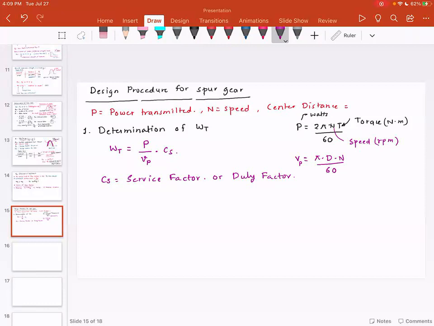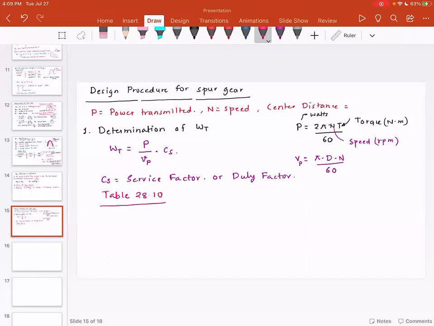Sometimes the gears are continuously used, sometimes they start and stop. So service factor can be found out using table 28.10.